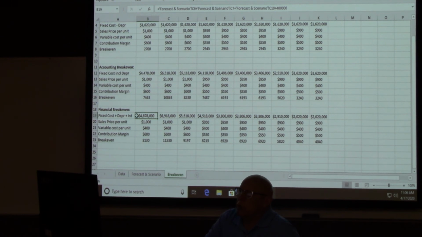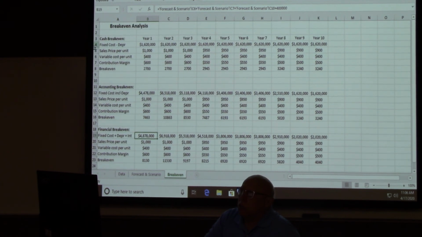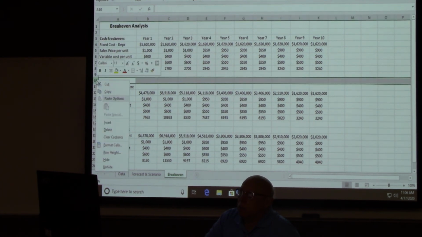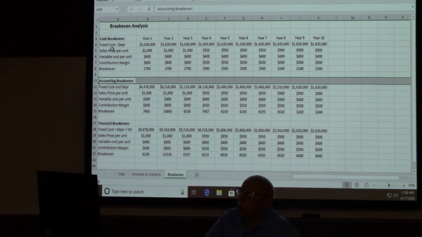So our fixed cost is the line that changes with each different approach, whether it's cash, accounting, or financial.